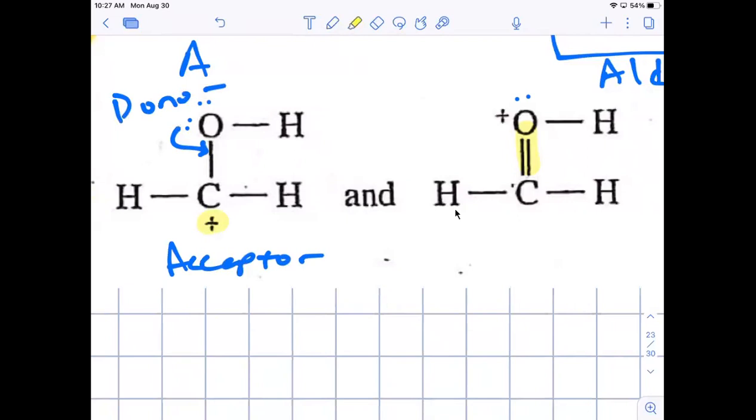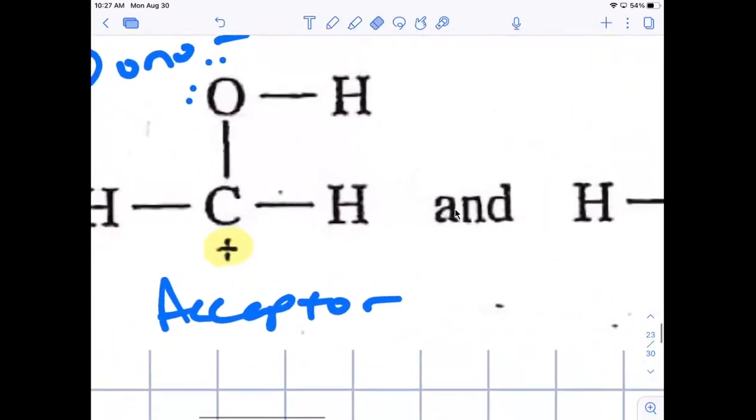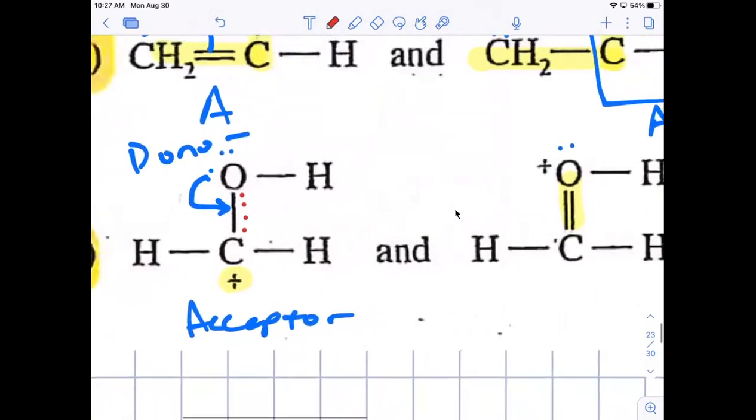So I'm going to take that. Look at where my arrow is going. I'm going to make this lone pair into a pi bond. I'm not going to make it disappear. So I'm putting the arrow between the 2 atoms where I want to put those electrons, right? And that is going to result in a pi bond being formed between carbon and oxygen, right?